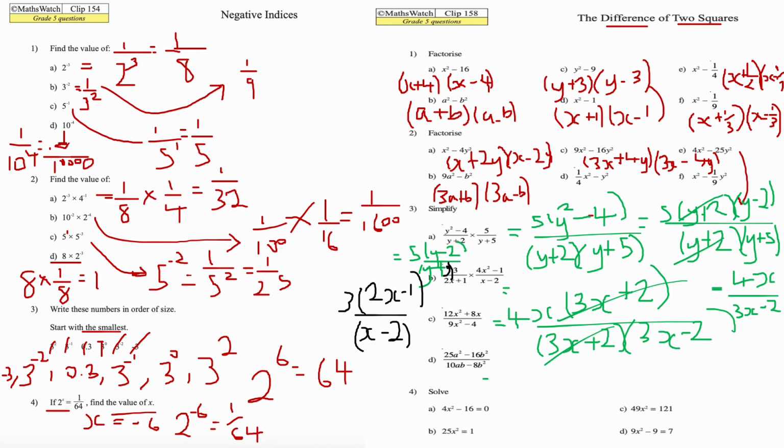This one here, guys, I'll try and leave that there so I've got a bit of space. The top part factorizes into 5a plus 4b times 5a minus 4b.